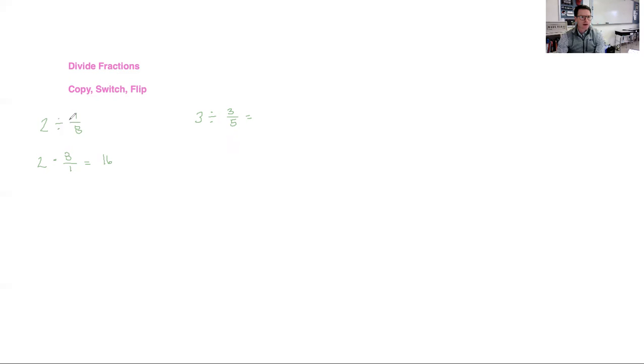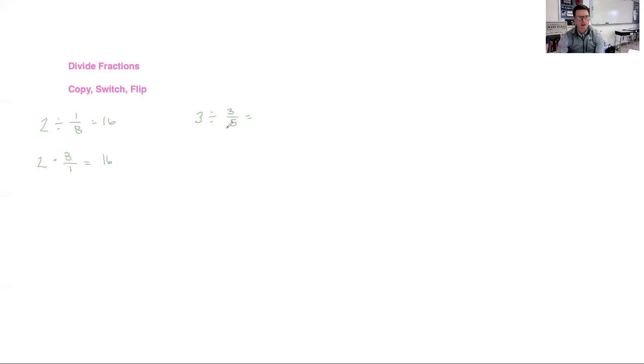So 2 divided by 1/8 becomes: copy the first number, 2 stays 2, switch the symbol, dividing becomes multiplying, and then flip the divisor. 1/8 becomes 8/1. So now I'm just going to multiply. 2 times 8/1 is just 2 times 8, which is 16. So 2 divided by 1/8 equals 16.